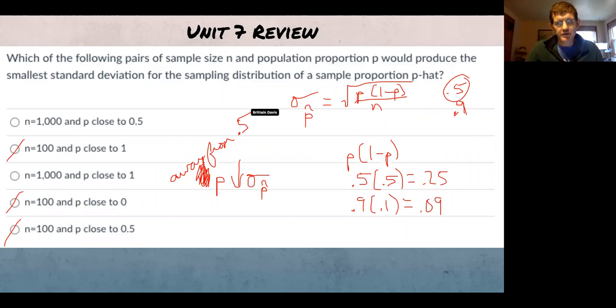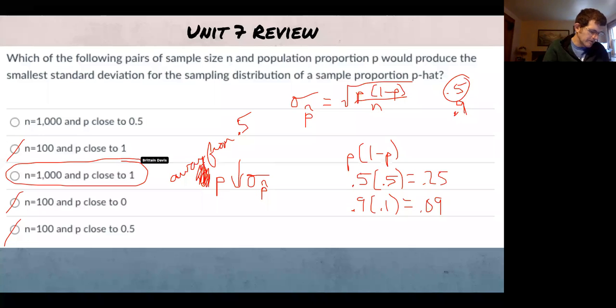Away from 0.5. Hopefully this is clear enough. I know I didn't say it clearly. The further we get from 0.5, the smaller our standard deviation is. So this is my best outcome right here. All right, I'll pause there. Were there questions on that?